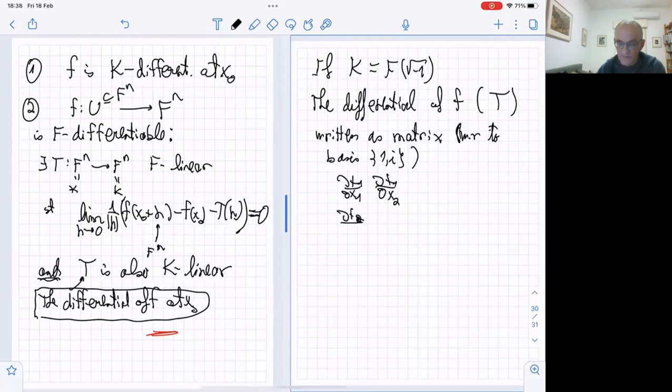So I'm looking at the coordinate functions.